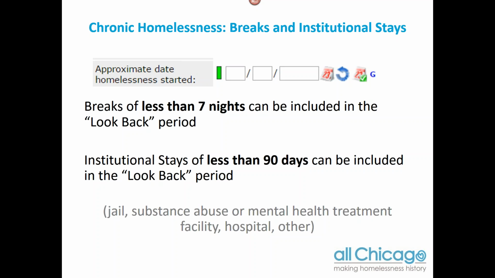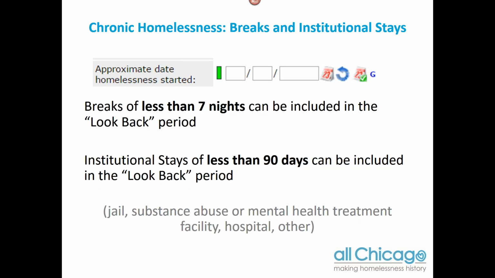Same thing applies with institutional stays: if the client was in an institutional setting like jail, substance abuse treatment, a hospital, something like that, but it was less than 90 days, and they were homeless before they went into the institution and exited that place to homelessness as well, then that can also be included if you keep going back. You can keep going before that to get to this date.